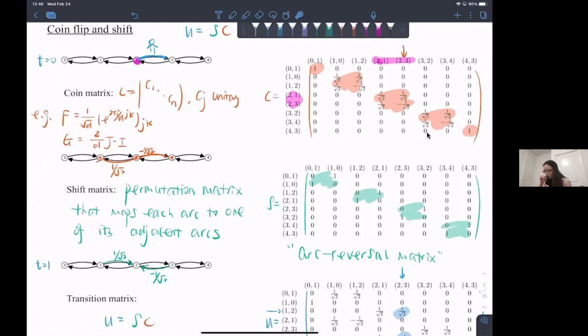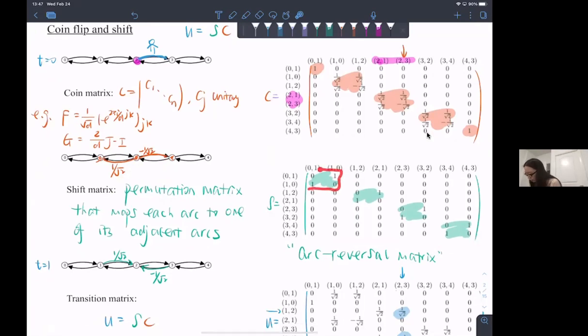And the easiest way to do this is to just reverse the arc. So I can go from here to the reverse direction, or here to the reverse direction. And if you express that in block diagonal form, you will see something like this. Now we can also partition the arcs, but in a different way.